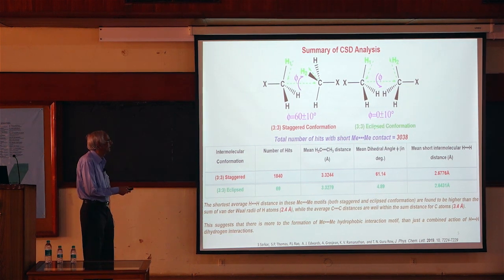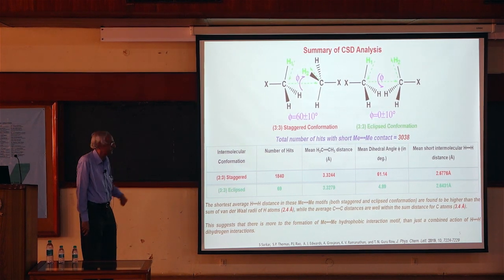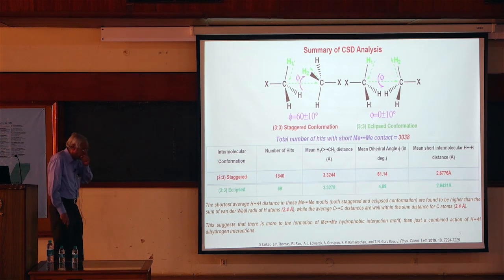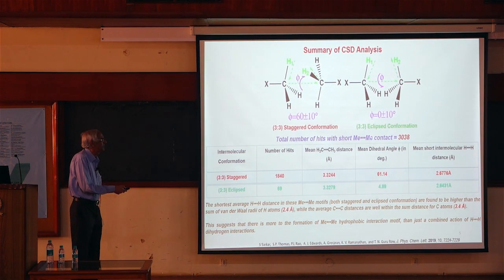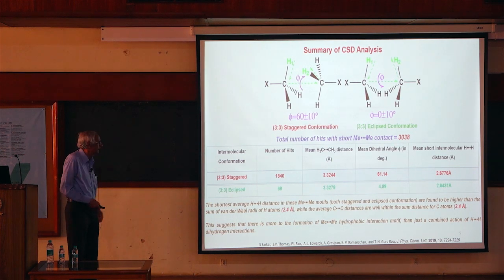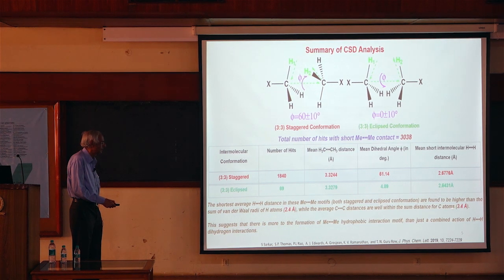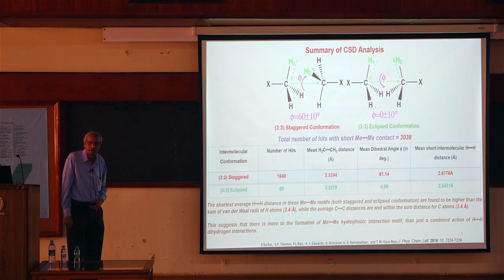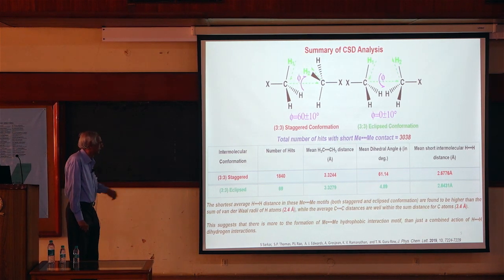And this is the eclipse conformation where the phi value is 0, plus or minus 10. When we did that, the total number of hits with short Me-Me contact. So we take the carbon to carbon van der Waals distance as 3.4 and hydrogen distance as 2.4 in terms of the van der Waals radii, van der Waals radii being half of each of these for carbon and hydrogen.